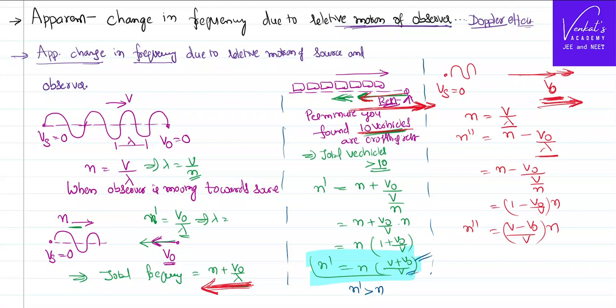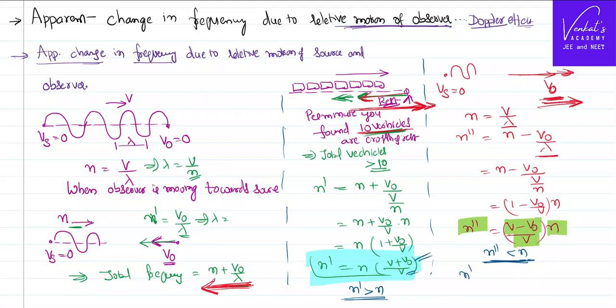If you notice carefully, the numerator is less and the denominator is more. So n double dash in this case is less than n. When the observer is approaching the source, the apparent frequency is more. When the observer is going away from the source, the apparent frequency is less.